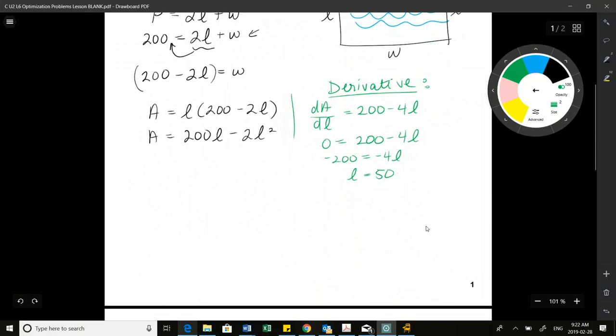And this is in meters. Okay, so this is our length that will potentially maximize our area. I'm also looking for the width that will maximize our area, so I'm going to plug that back into our width formula above.